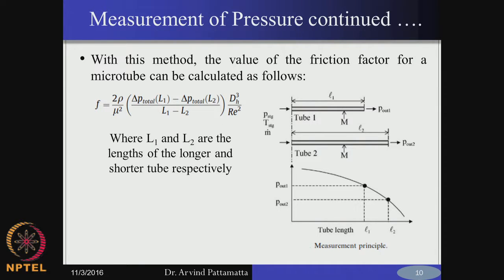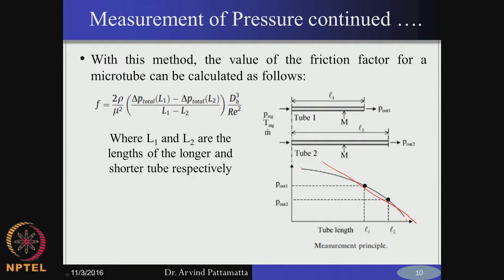Now, if you look at the pressure distribution, strictly speaking, if you are looking at incompressible flows and you assume the flow is fully developed, how will the pressure distribution look? It should be a straight line, correct.